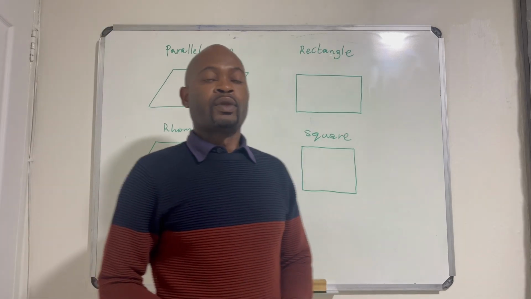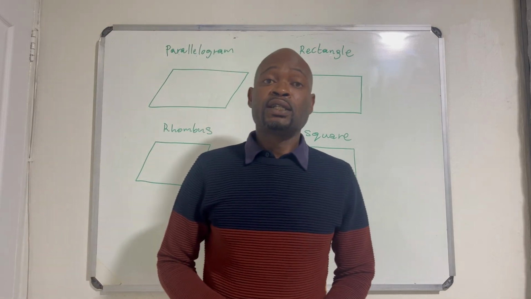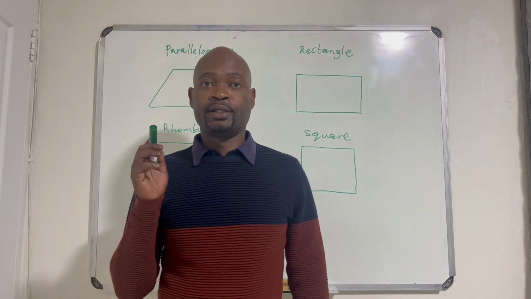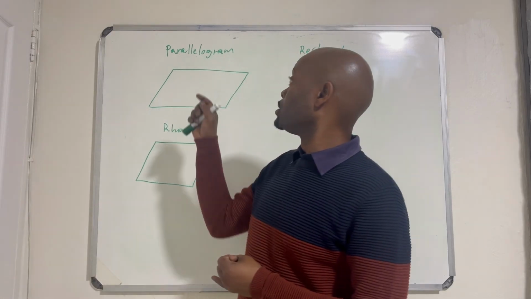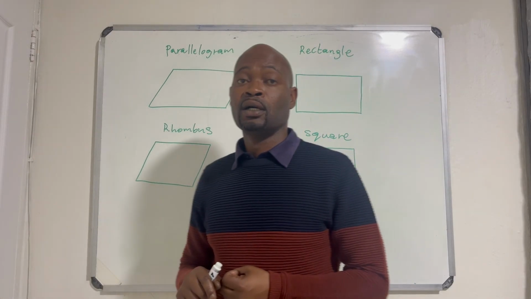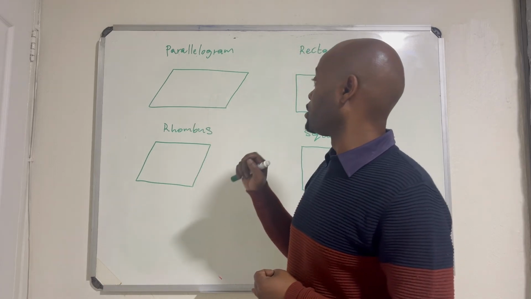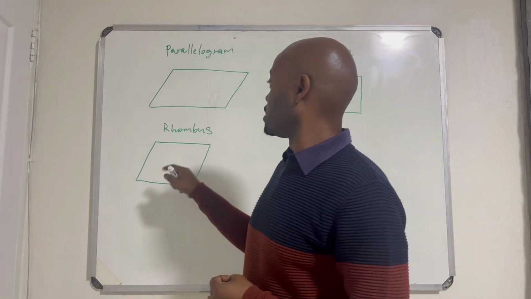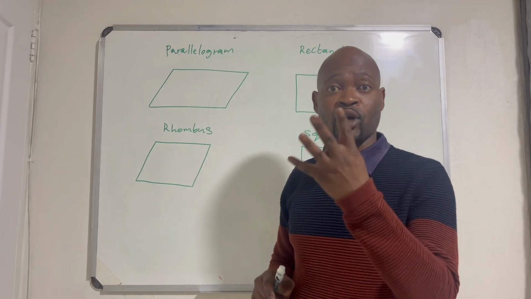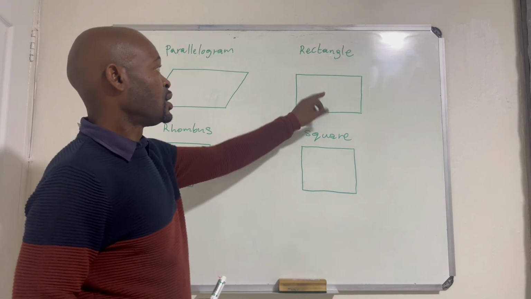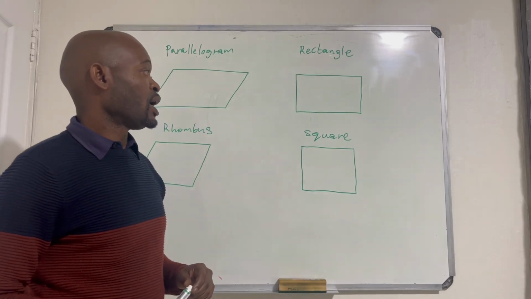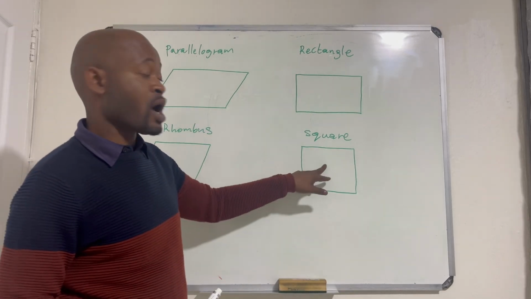Now, a quadrilateral is a four-sided figure. Your parallelogram is a four-sided figure, which is a quadrilateral. A rhombus is a quadrilateral because it is a four-sided figure. A rectangle is a quadrilateral, and a square.